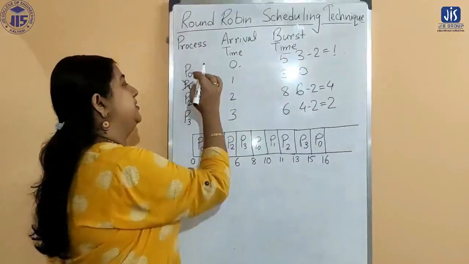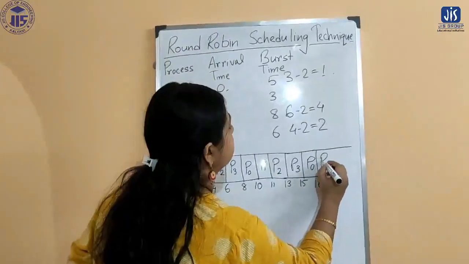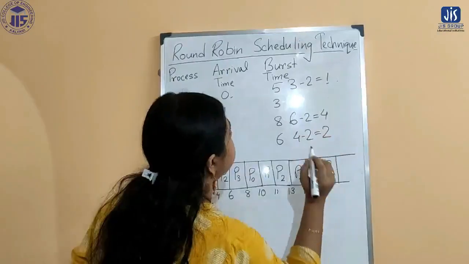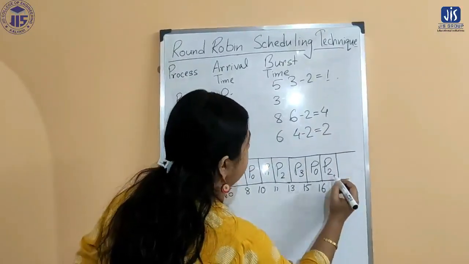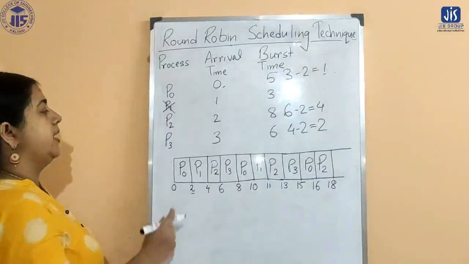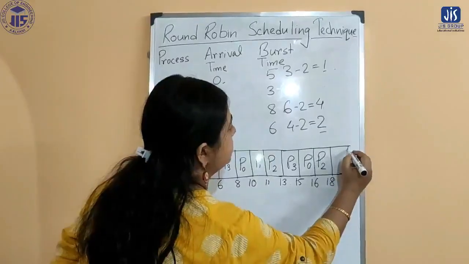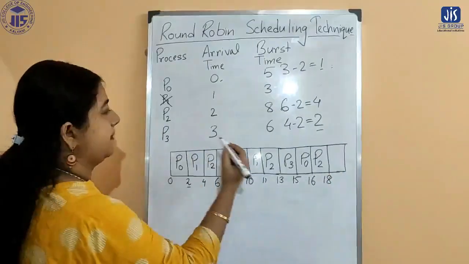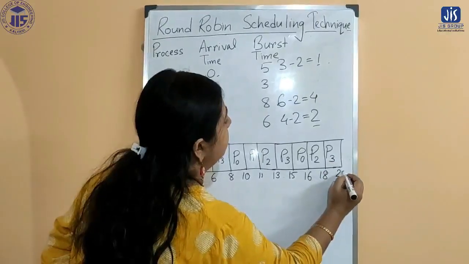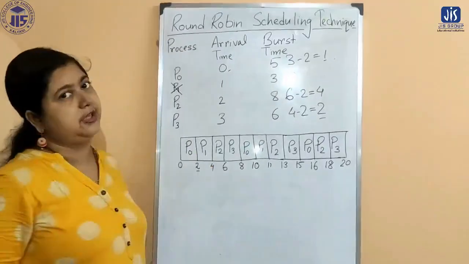So after P0, we go directly to P2. P2 can again continue for 2 units of time because it requires 4. So 18. And then P3. P3 requires 2 units of time, so it is going to complete at 20. So my third round is complete.